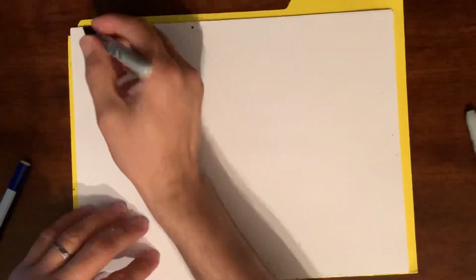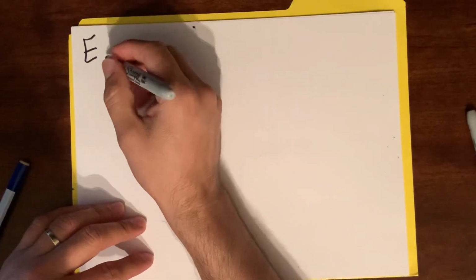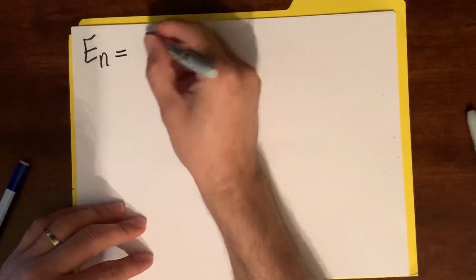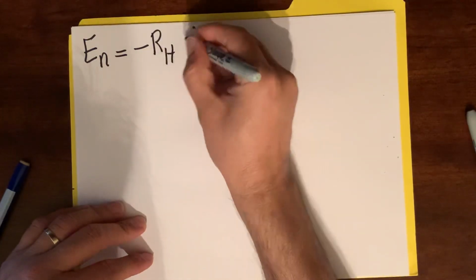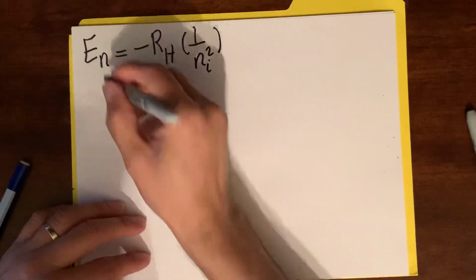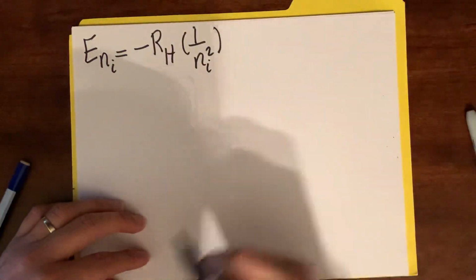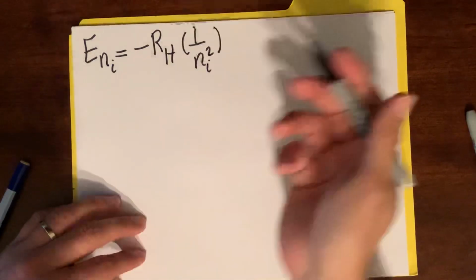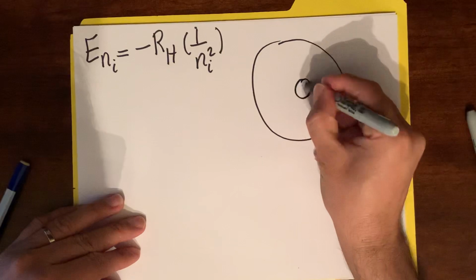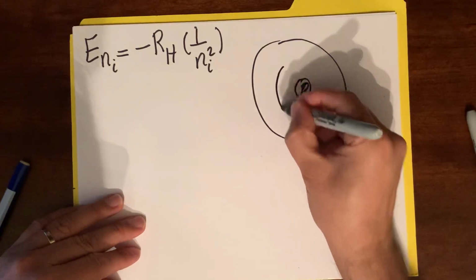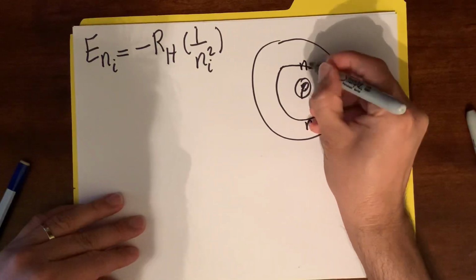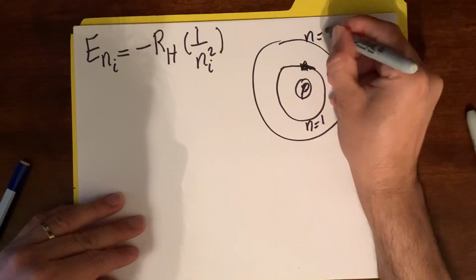So the energy of any electron, you can find by knowing the orbit of that electron. We can use this formula to find the energy of the electron. Just give me n, and then I can calculate the energy. This is the nucleus, this is n equal 1, and this one is n equal 2.